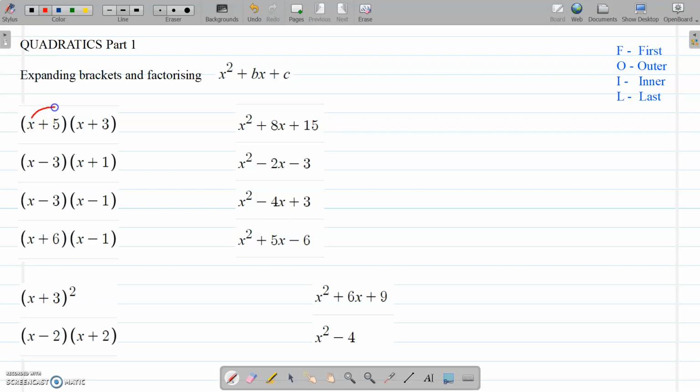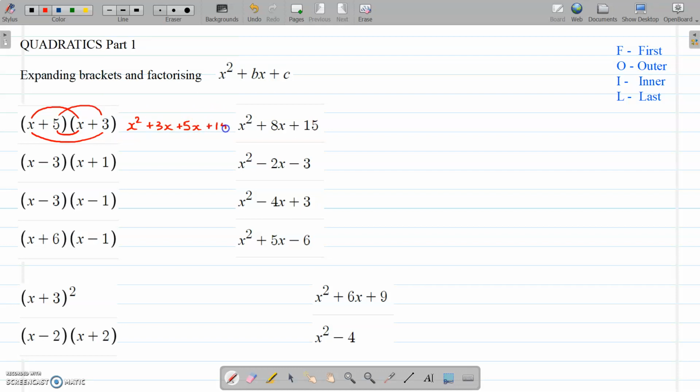So we have x times x, the first term in each bracket, which is x squared. Then we have the outer term, which is x times 3, which is 3x. Then we take the inner terms, which are 5 and x, to get plus 5x. And finally, the last term in each bracket, which is 5 times 3, which is 15.